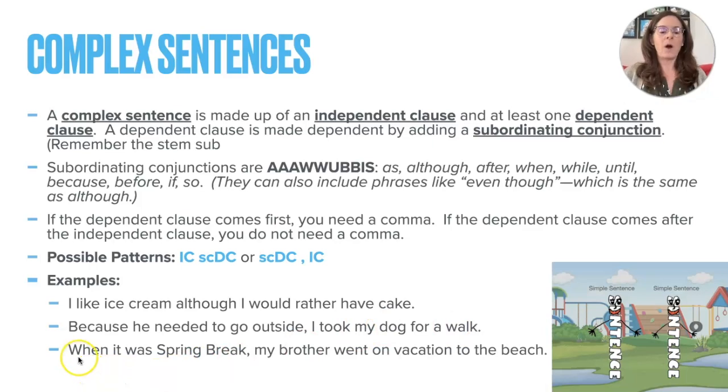And then the last one also begins with a dependent clause. There's your subordinating conjunction, when it was spring break, comma, my brother went on vacation to the beach. There is the independent clause. So if you've got an independent clause joined with an awubis word, making it dependent, that is a complex sentence.